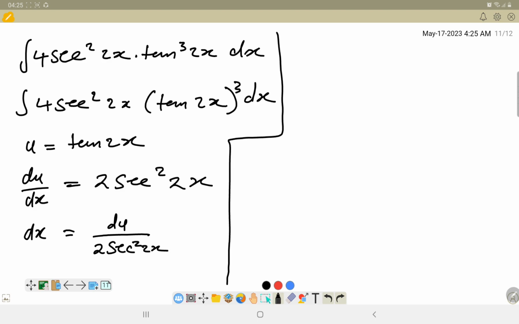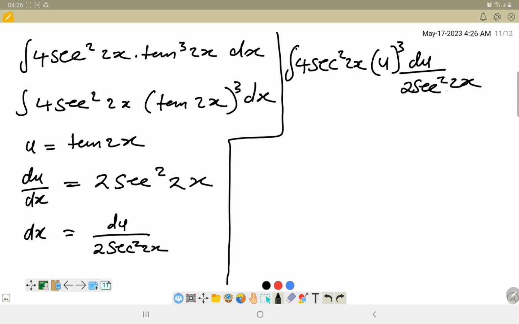So here, we go back and substitute in our original problem, which was 4 sec squared. We don't replace it, we leave it as it is, sec squared 2x. What we replace is our tan 2x. We replace it by u to the power 3. We also replace dx by du over 2 sec squared 2x.